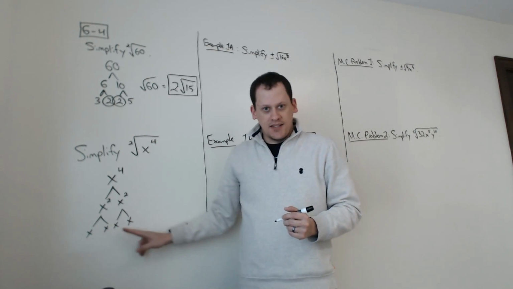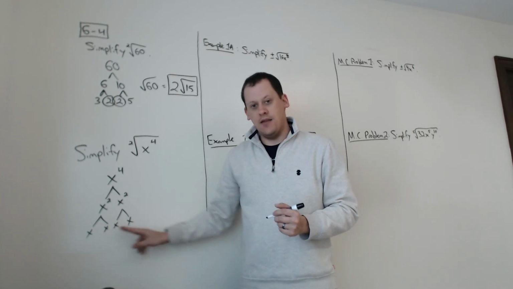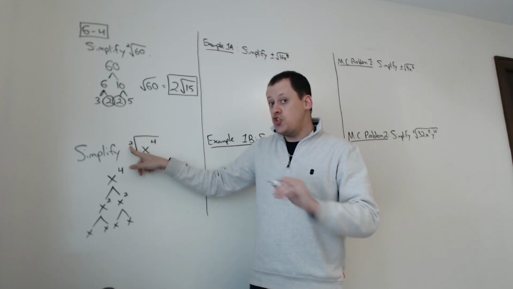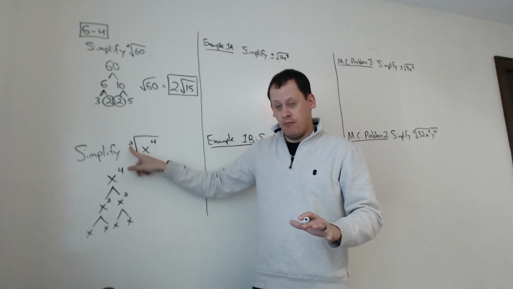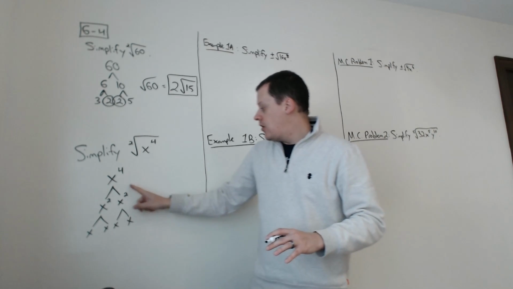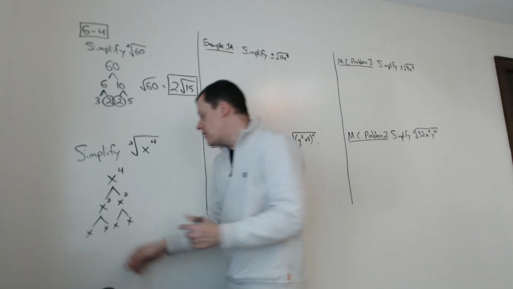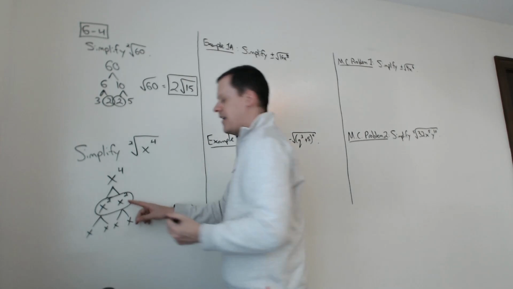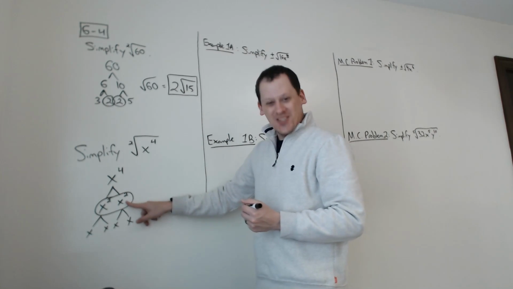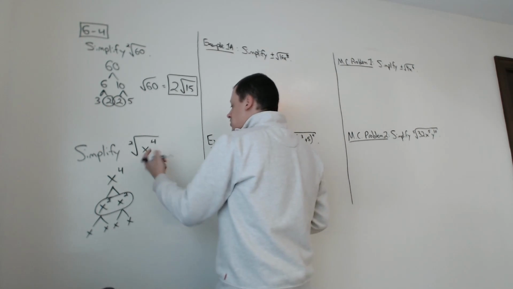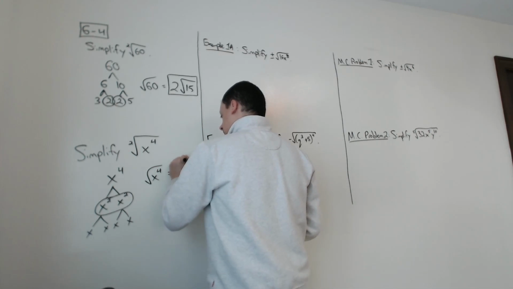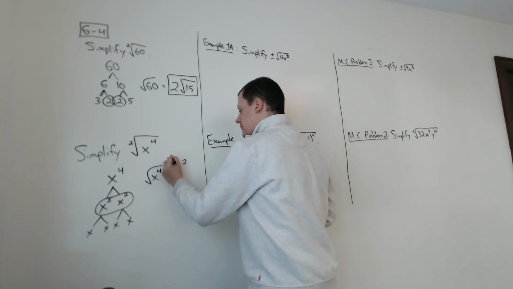It's not really necessary to break it down all the way down to here, though. In this case, we can circle any two things that are the same on the same level. So we could have actually stopped here, circled our two x squareds, and just said, hey, the square root of x to the 4th is x squared.